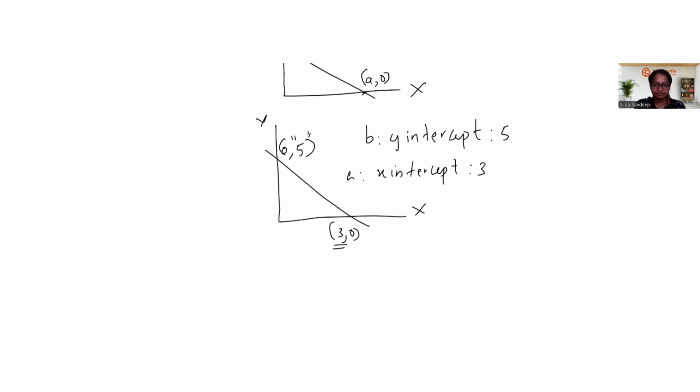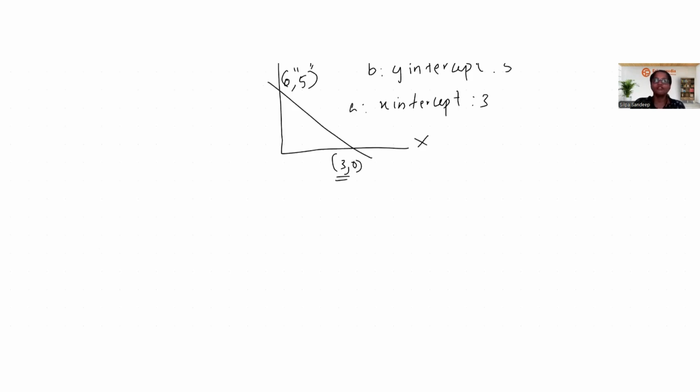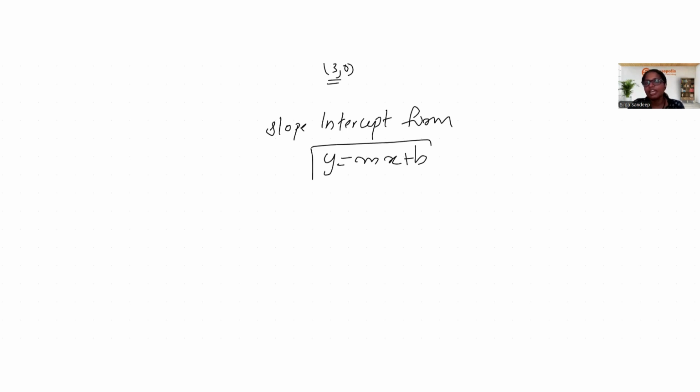Then next, you know what is the slope of a line and the x-intercept and y-intercept of a line. Then if you know the slope of a line and the y-intercept of a line, then you can write the slope-intercept form of that line as y is equal to mx plus b, where m is the slope and b is the y-intercept.